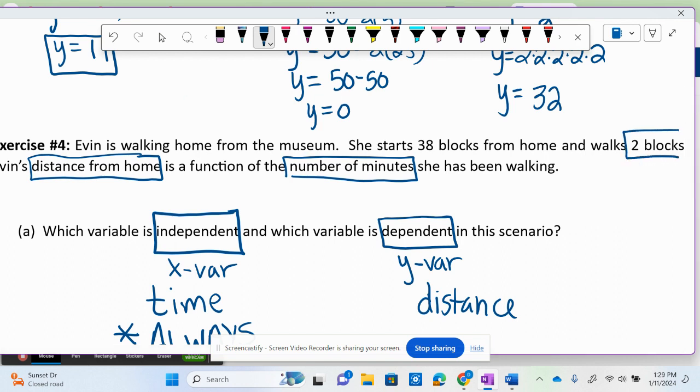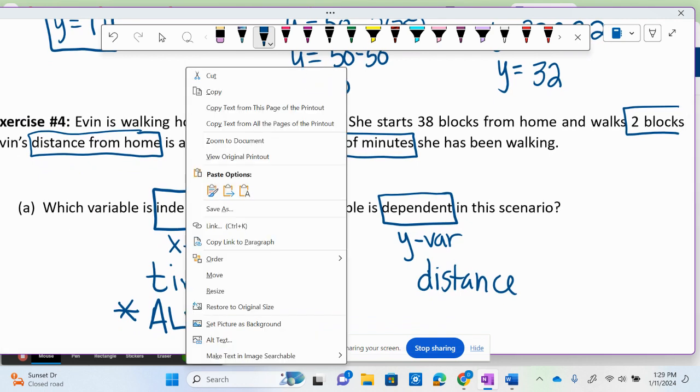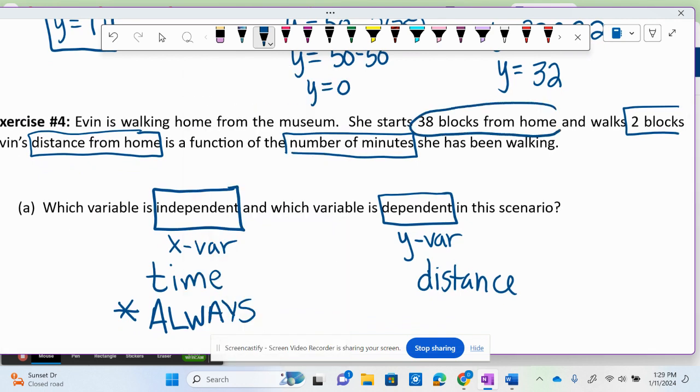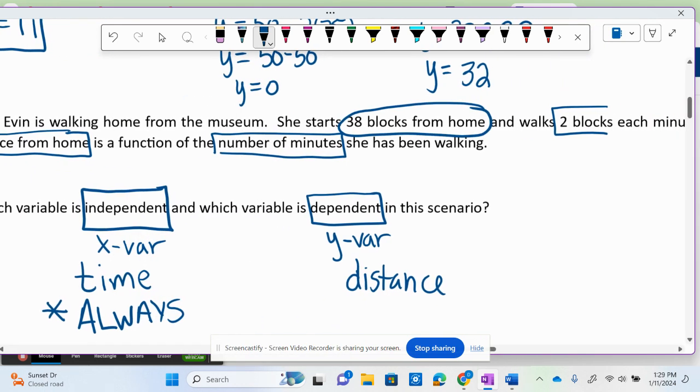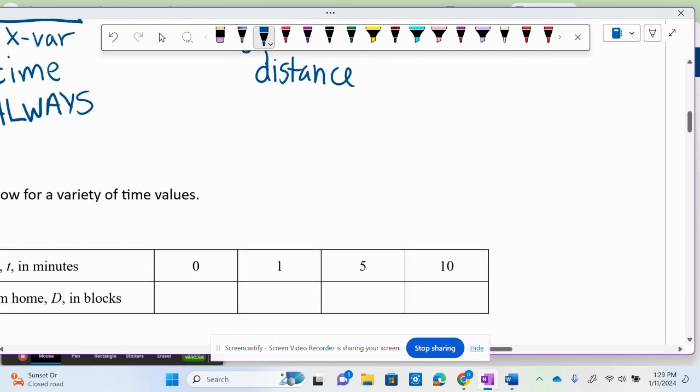I walk 2 blocks per minute. When I first start, how far away am I? Yeah, I'm 38 blocks away. I'm going to draw a picture because I like pictures. Here's my house. And here's where I started from. This is 38, right? So when I first start, when time is 0, I'm 38 blocks away.